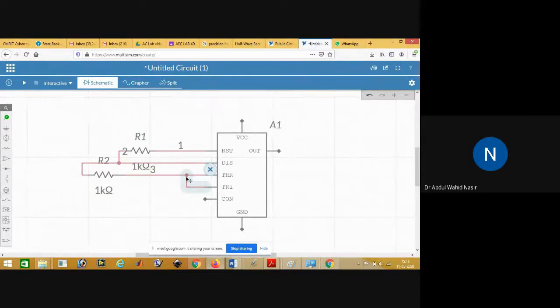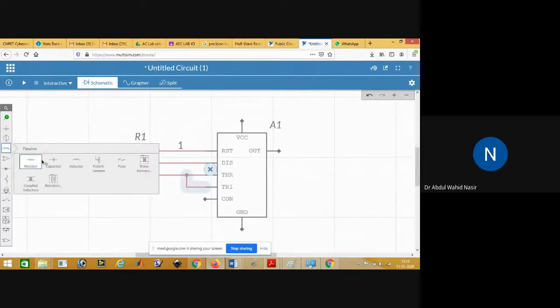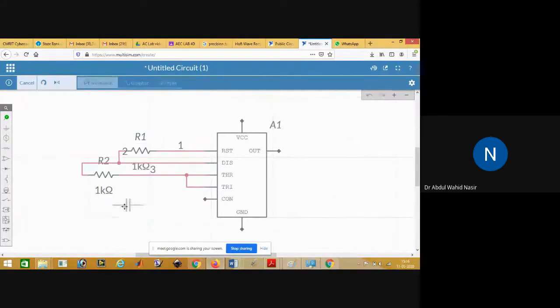Now we need the capacitors. So again we will go to this library, and from there we will get the capacitor. We will rotate it like this. You can rotate the elements anti-clockwise or clockwise by 90 degrees. Again, you can copy the same.